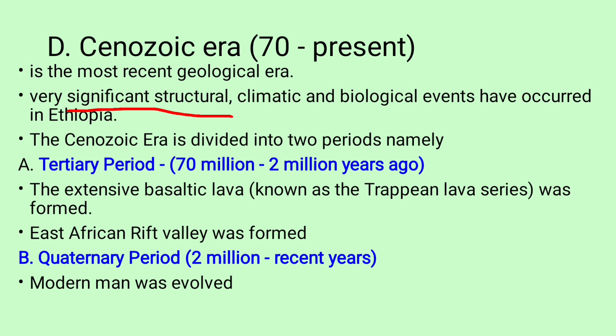The Tertiary period covers the time between 70 million and 2 million years ago. In this period, the extensive basaltic lava, which is known as the Trap series lava, took place, and the East African Great Rift Valley was also formed. During the Quaternary period, 2 million years ago to recent time, modern man evolved.